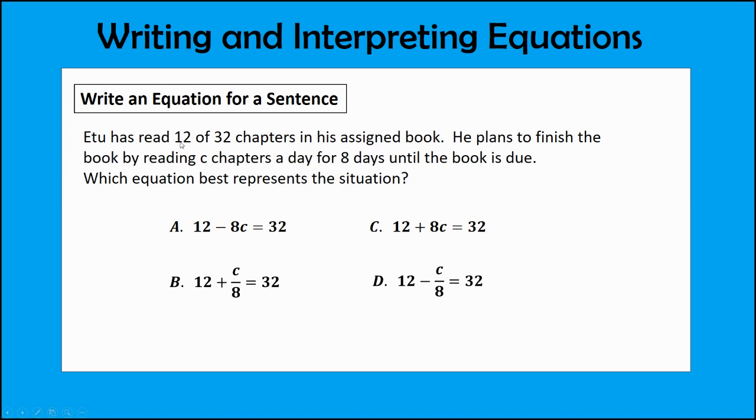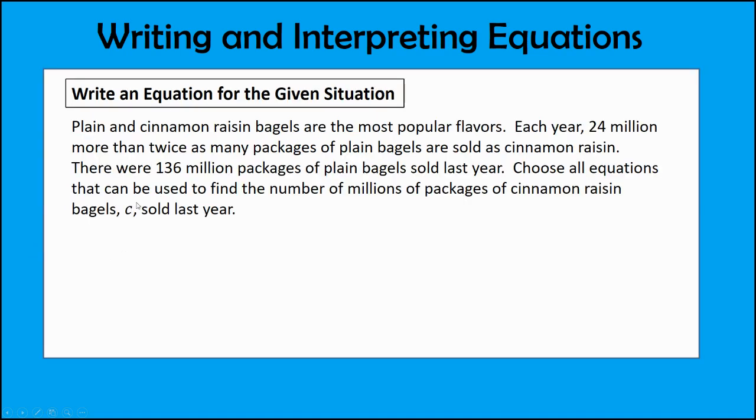He's already read 12, and there's a total of 32. So what we know is our 8C plus our 12 should get us all 32 chapters. So if you look up here, our only choice is here. 8 times C, add 12 to that should equal the 32 chapters in the book. Okay, just got to reason your way through it.